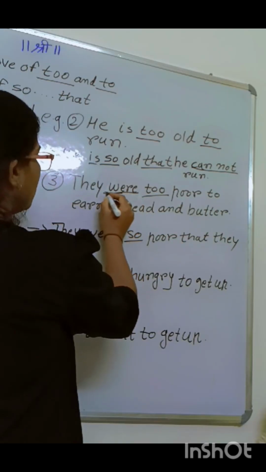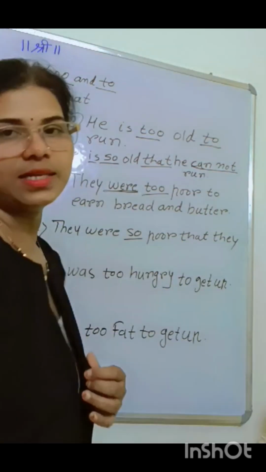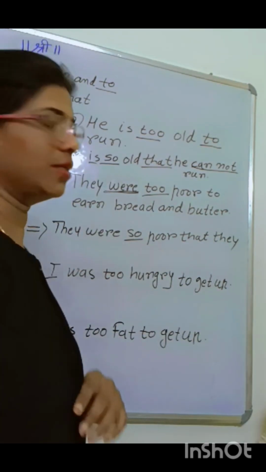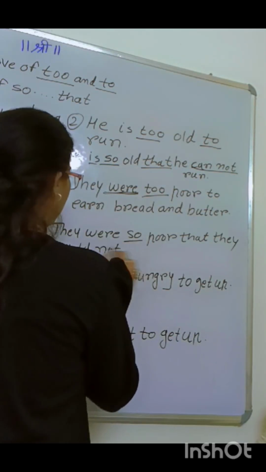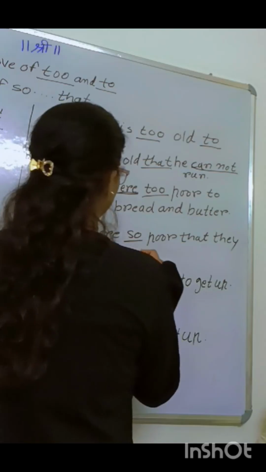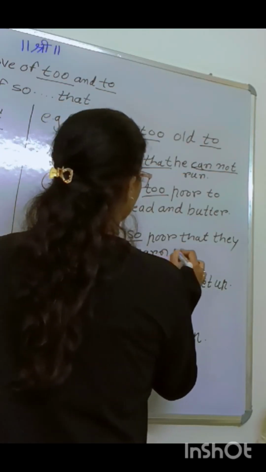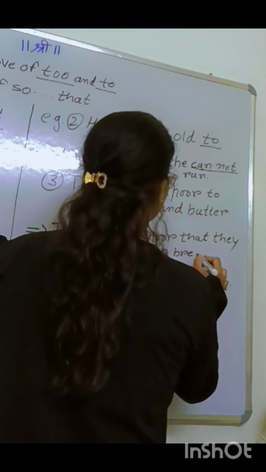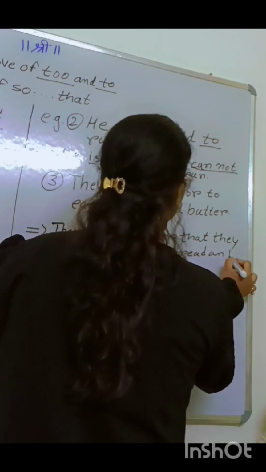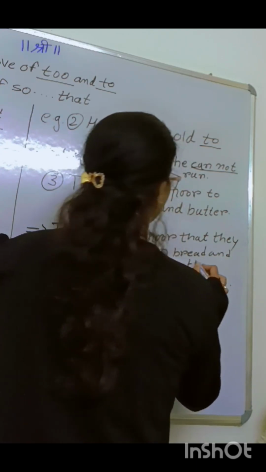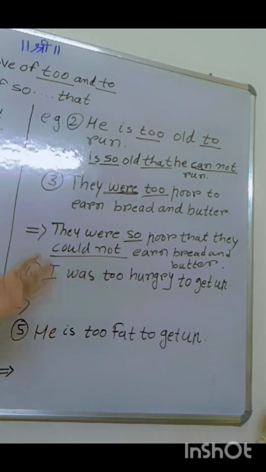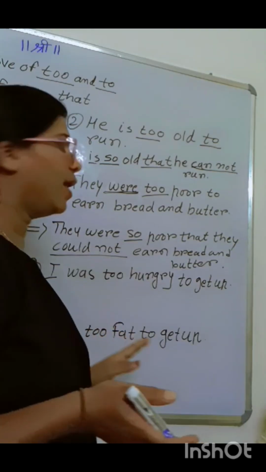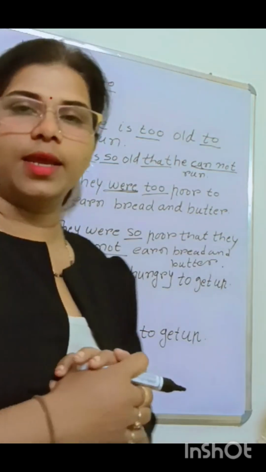This sentence is in past tense, so we have to write "could not". Could not earn bread and butter. See, the sentence is done. They were so poor that they could not earn bread and butter.